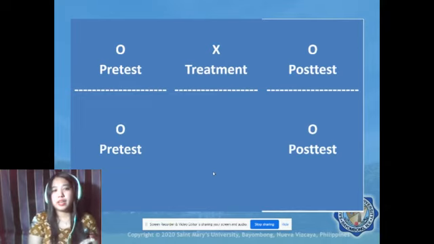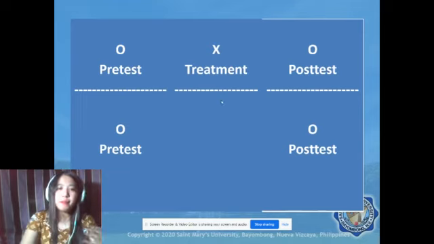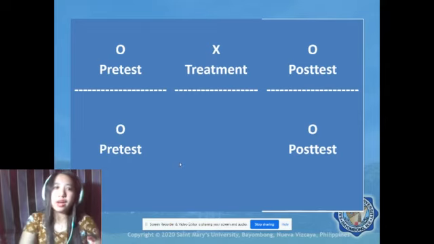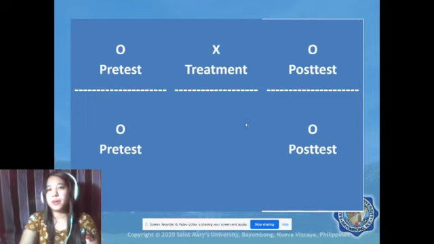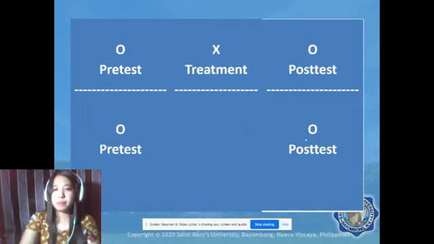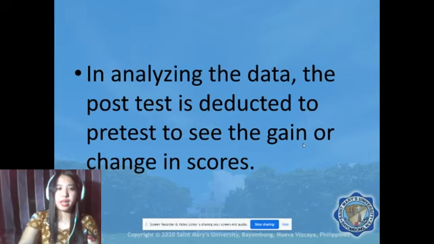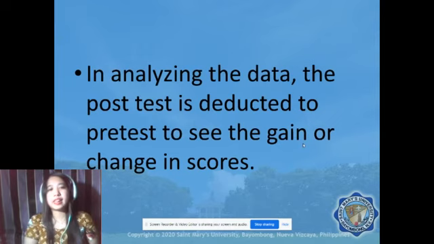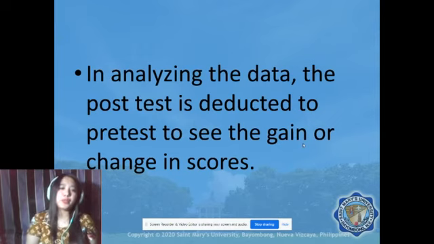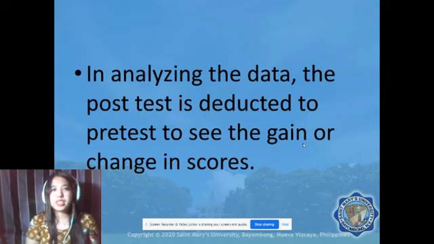So they are provided with a pretest, then they are given the treatment. Again, this is a blank. It means that it's a control, or use of a traditional or the existing method. And then they will be given the post-test. In analyzing the data, the pretest is deducted from the post-test to see the gain or change in the score.